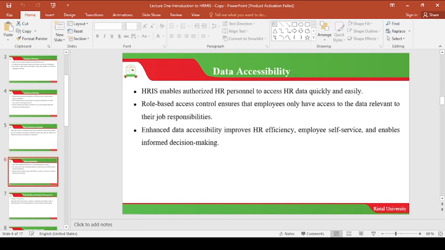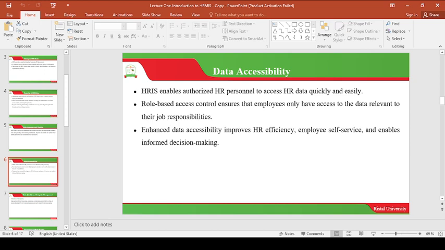The next one is data accessibility. The data has to be accessible by the employees and also by the top management. For example, if you want to offer training to employees, you need to visit the system and access specifically the record concerning employees' performance, because in that performance you will easily decide which area needs training or which area does not need training.